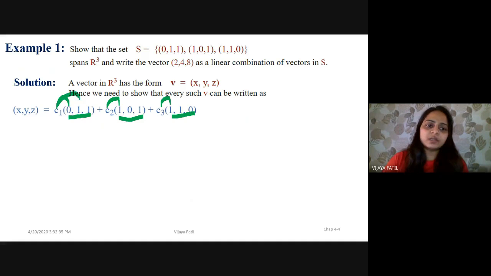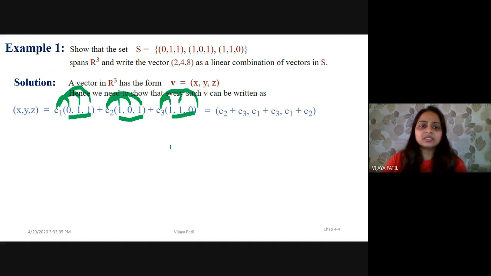Then the next would be plus this, and this would be the third one. So at the end, you're going to get C2 plus C3, comma, C1 plus C3, comma, C1 plus C2.